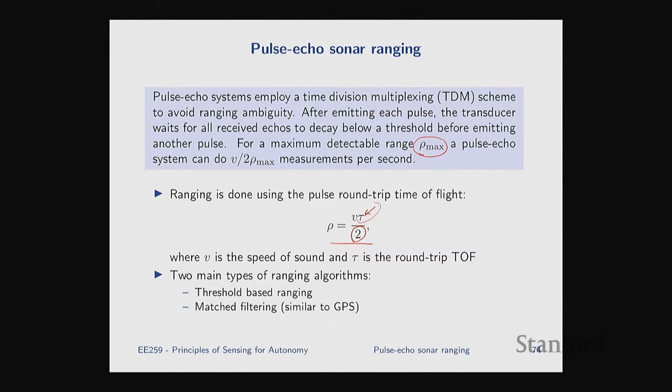But there is always a risk that you can have a very strong acoustic reflector at a distance longer than rho max. That would echo a signal back that you still detect, and it's strong enough, but it messes up your calculation, because now you're associating that echo with the pulse that was sent after the original pulse. So your tau calculation is going to be completely wrong.